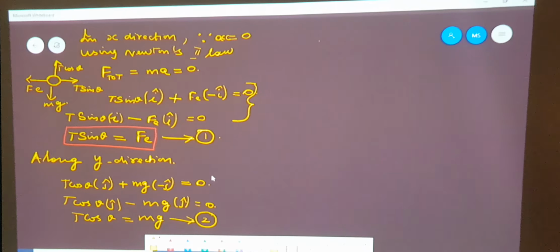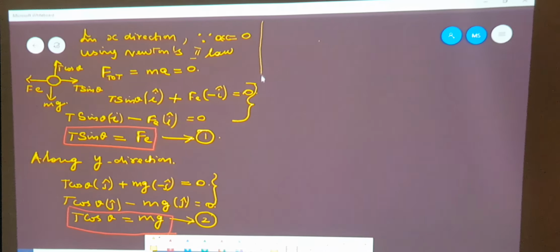These two steps are not necessary, but according to your book, let us write them out. So let us take this as equation number 2. Now consider equation 1 divided by equation 2.